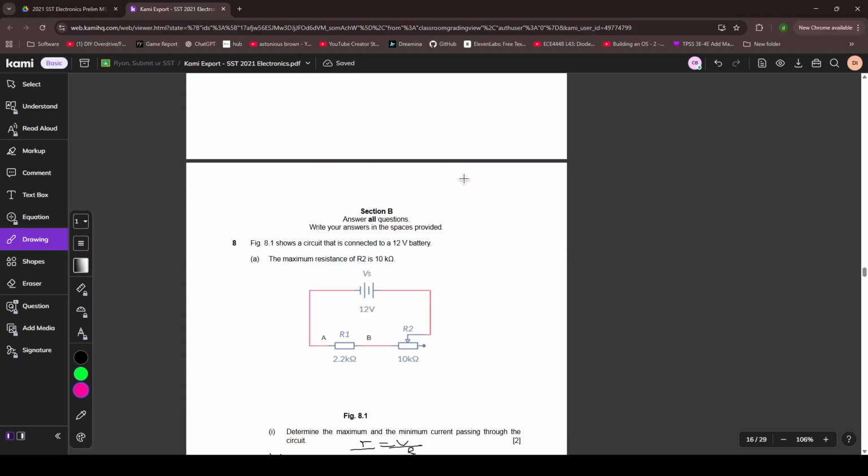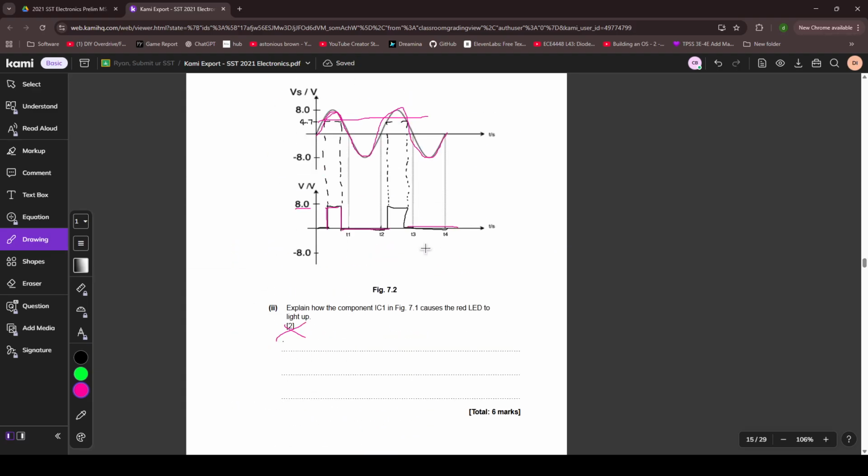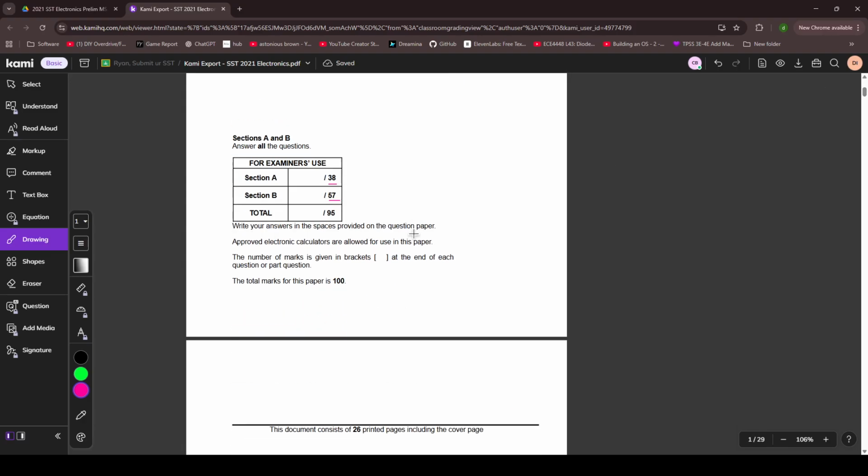Section B. Okay, so let's tally up your marks. I don't know if this is true, I'm just going to follow it.